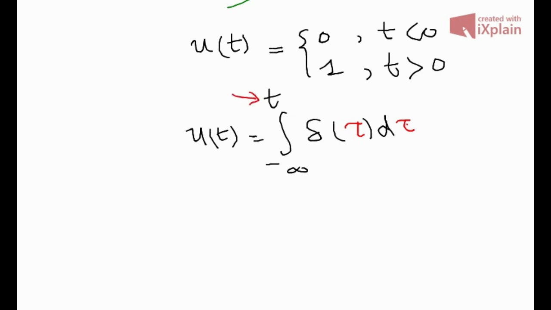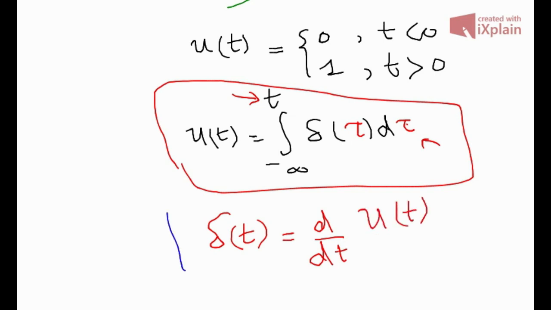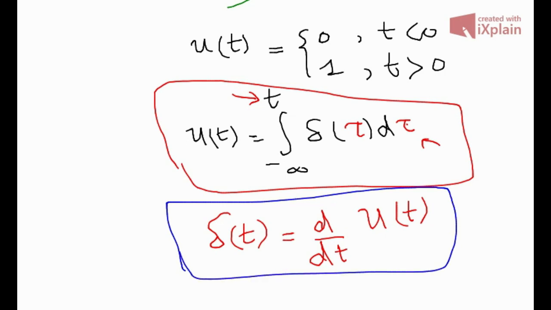You can write the unit step function in terms of the unit impulse function, and similarly, delta of t is the derivative of the unit step function. This is the summary of this lecture on the unit step function.